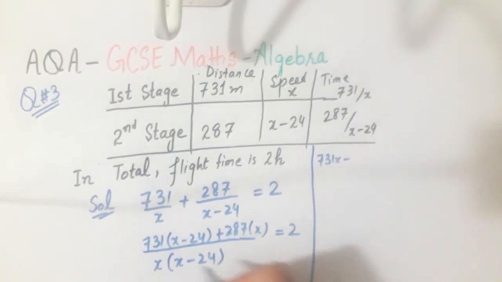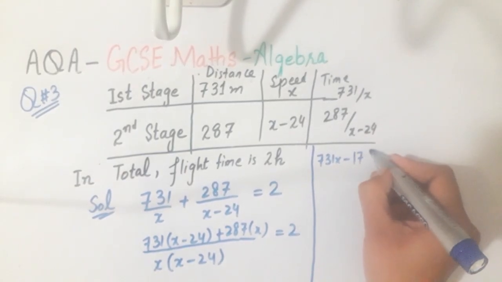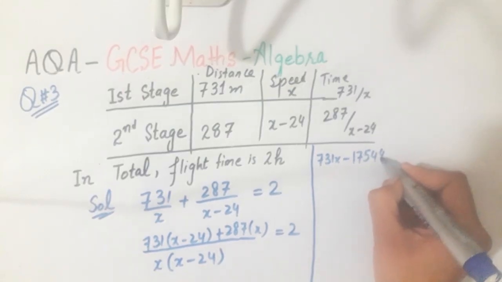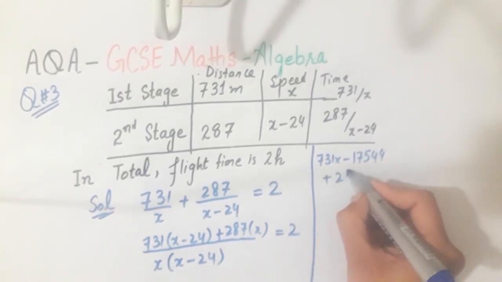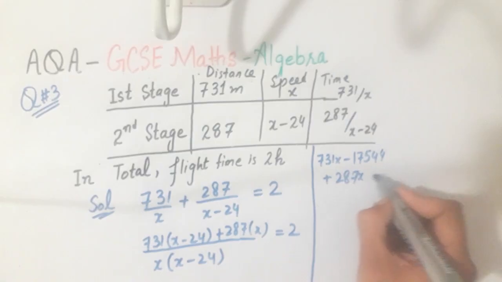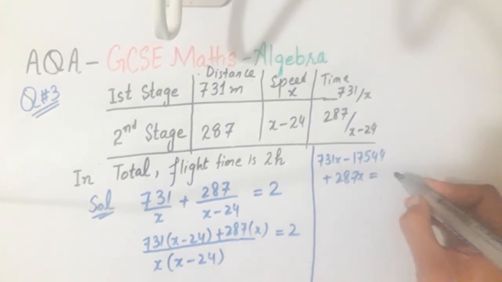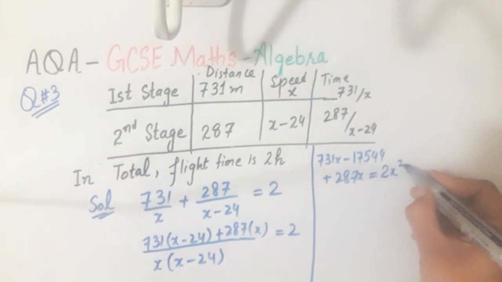So we get 731x minus 731 into 24, which is 17544, plus 287x equals 2 multiplied by this. So this is 2x square minus 48x.